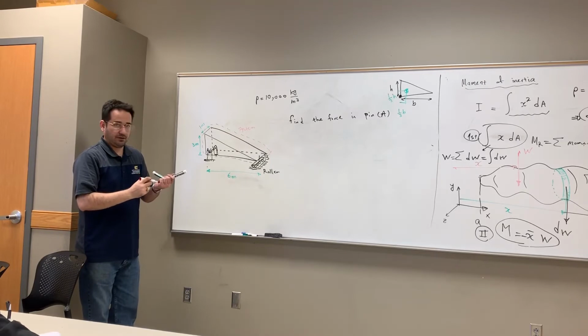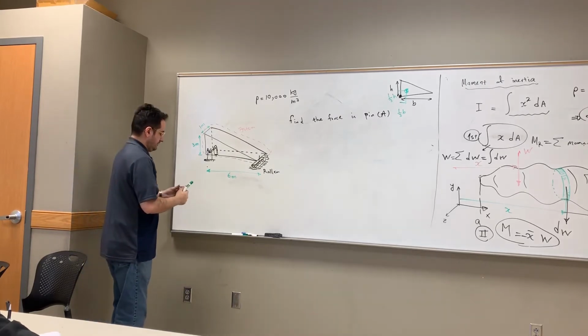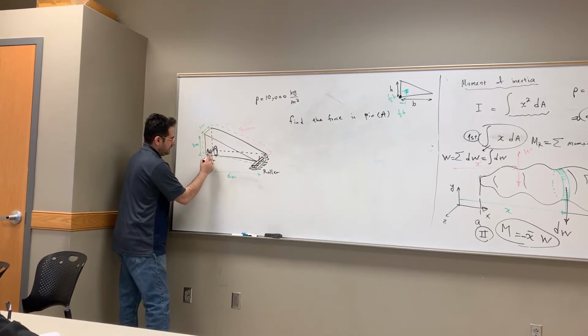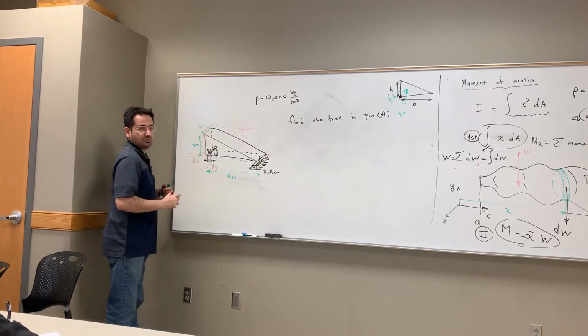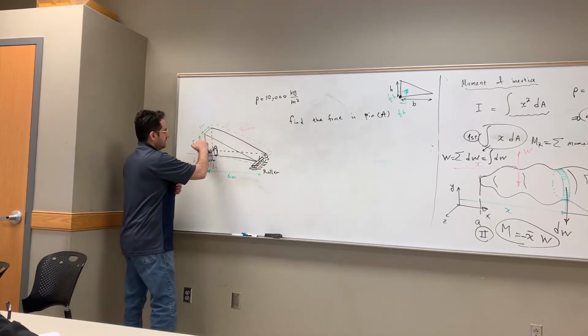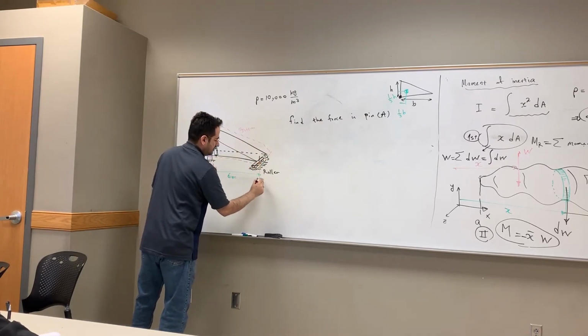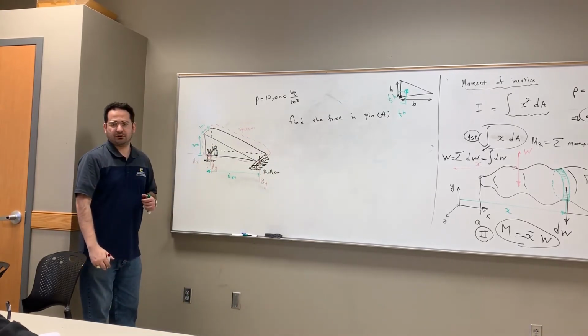Now the next thing is FBD, free body diagram. If you draw FBD, here this is a pin, right? You're going to have AY and AX. Then you continue walking here, then you have BY, and then you come back to the original point. Now you go to body force.